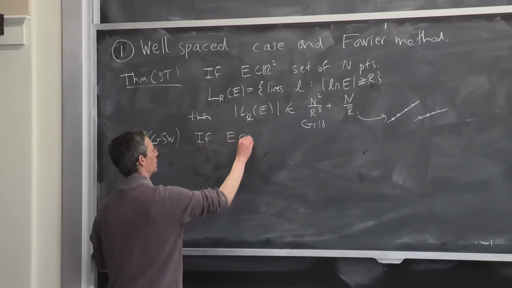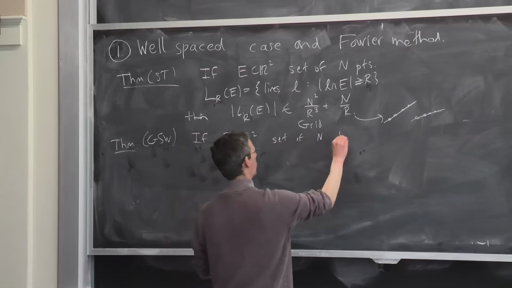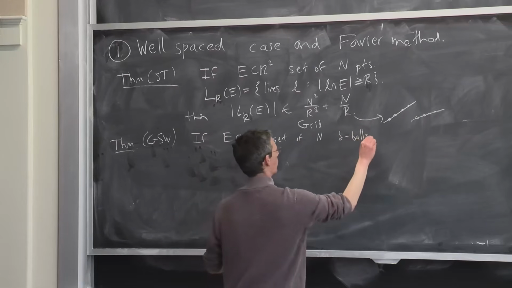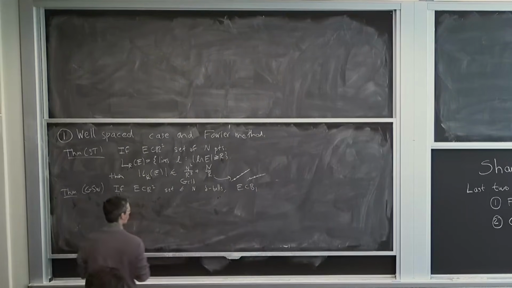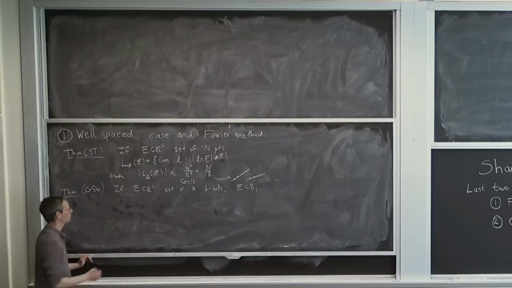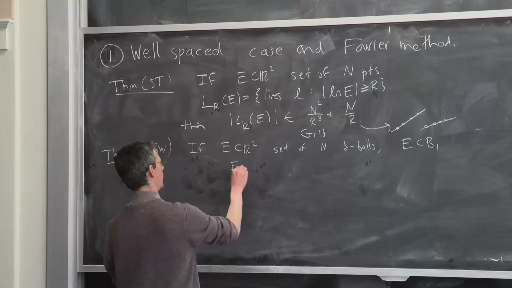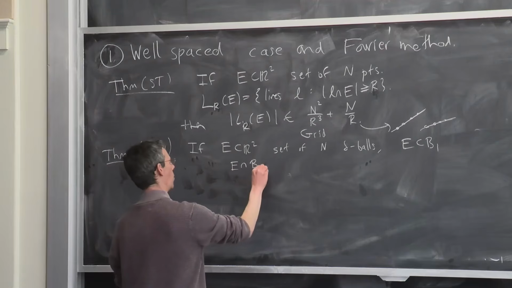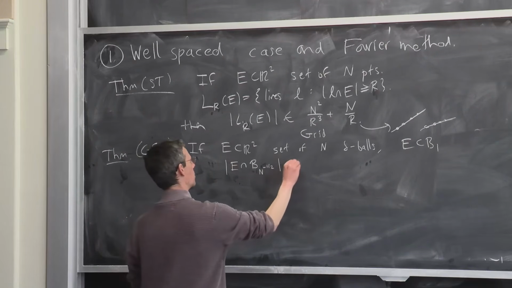So E contained in R2 is a set of n delta balls. E is contained in the unit ball. OK, and they're well spaced. They're as spread out as possible. So they obey the condition that if you take E and you intersect it with a ball of radius n to the minus a half, then that's at most around 1.